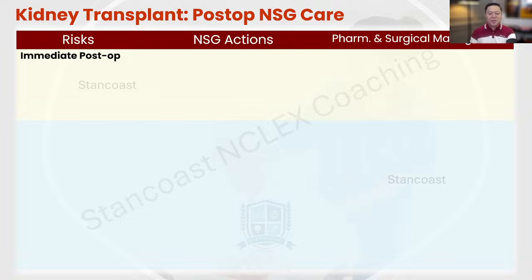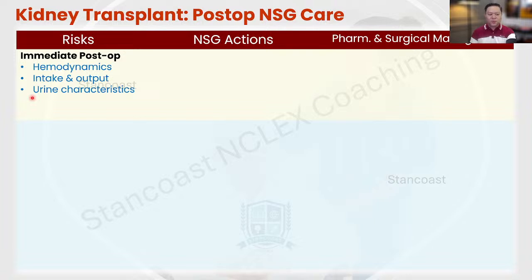Now, during the immediate post-op, our nursing care right after the surgery is to make sure we are monitoring the vital signs every 15 minutes initially, then every 4 hours. This is not really going to be applicable on all different nursing levels. If it's the recovery room or ICU, they're probably going to be doing this a whole lot more.